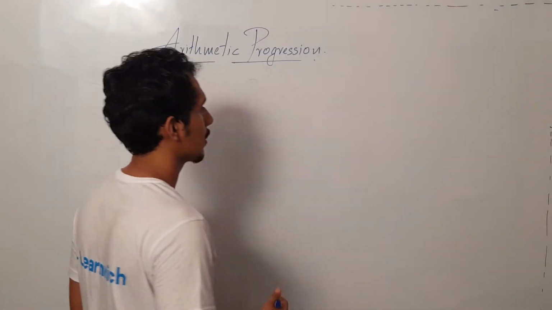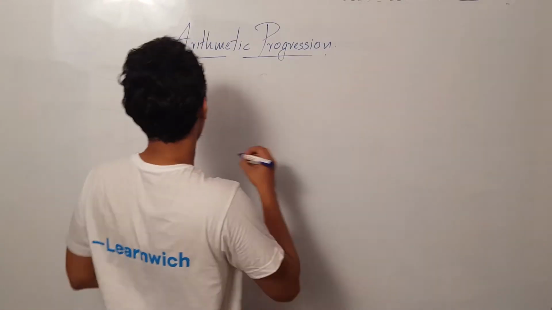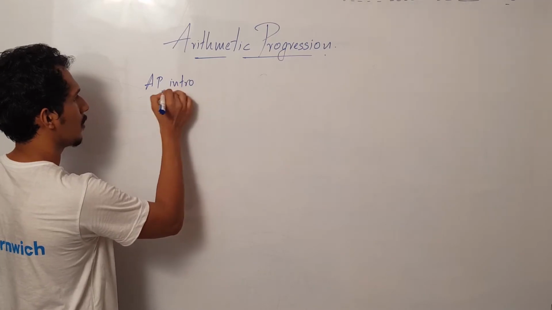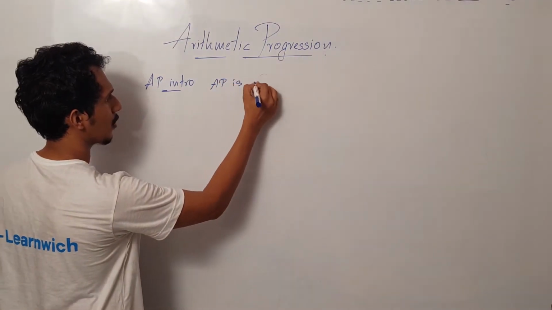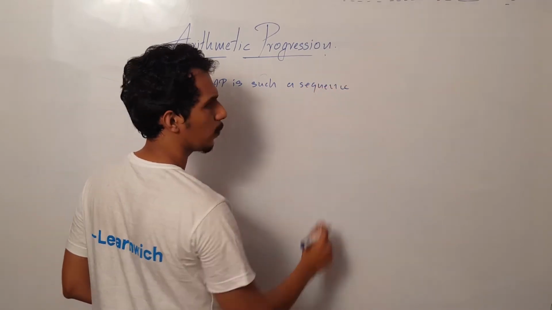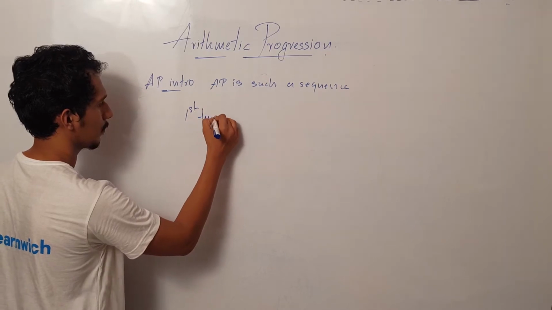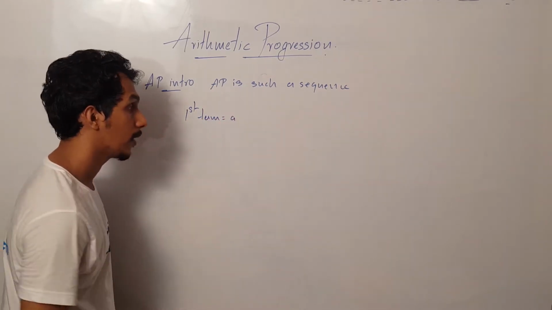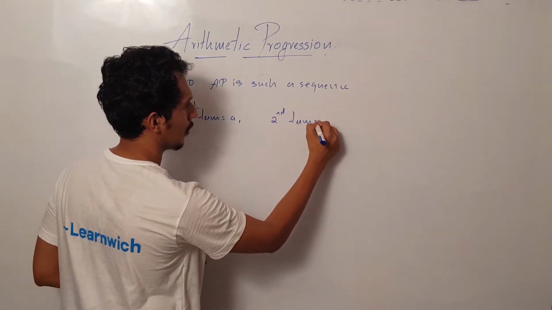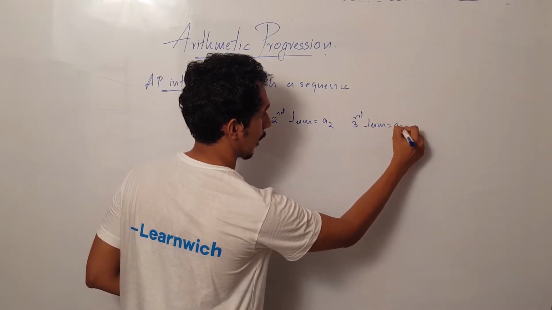Okay, so now that we have discussed all of that, we'll start with what an arithmetic progression means. Arithmetic progression intro. So AP is such a sequence of numbers where, let's say, the first term is A1, the second term is A2, the third term is A3.